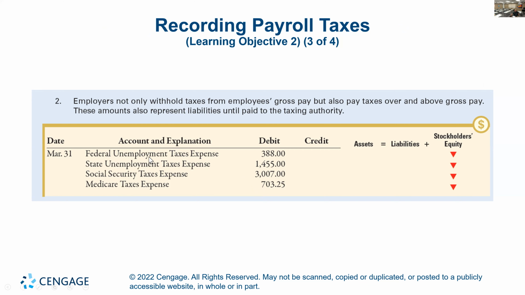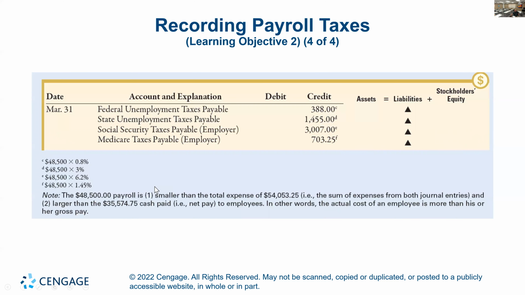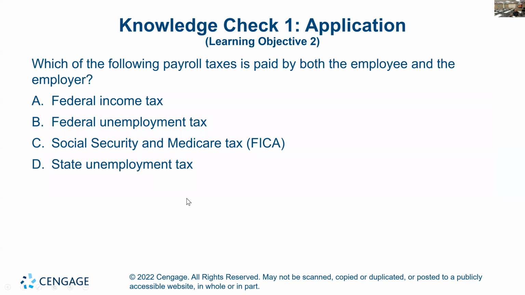That is the wages expense multiplied by those rates. And then, like I said, the employer has to match the Social Security and the Medicare tax paid by the employee. And we would credit the correct payables on those.